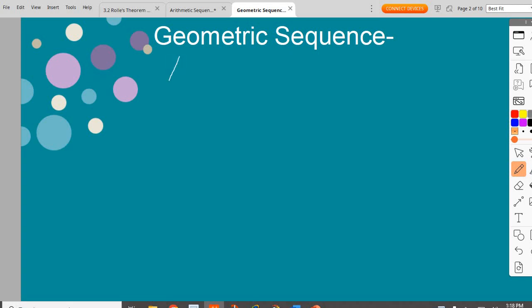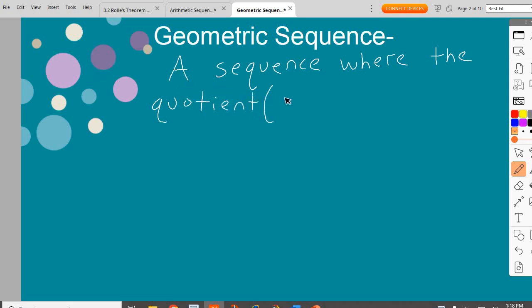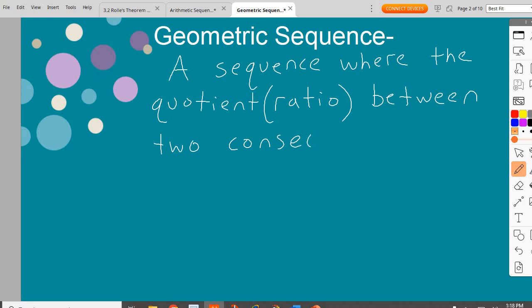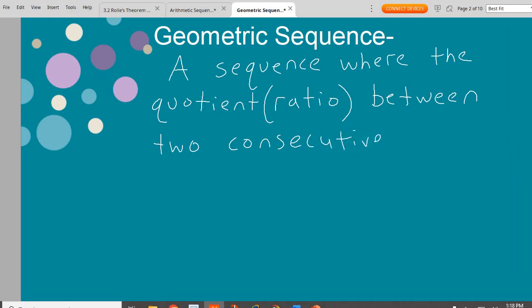So it would be a sequence where the quotient, or we can also call it the ratio, between two consecutive terms is constant.